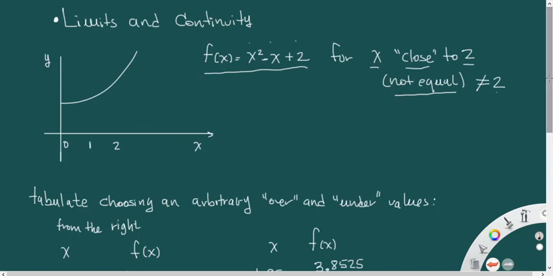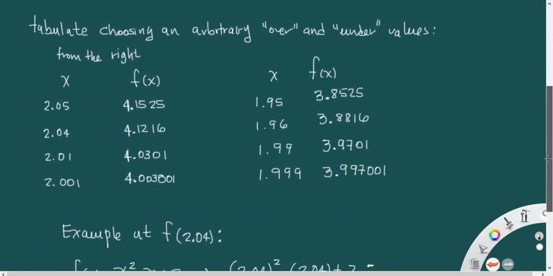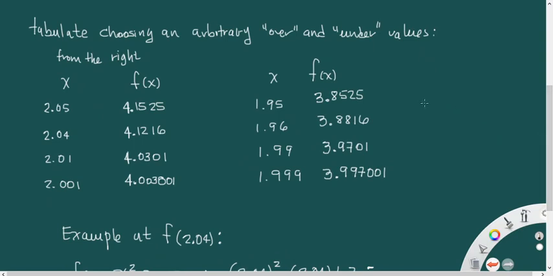One of the strategies that some mathematicians used is to choose an arbitrary number over and under the desired value. In this case, our target value is approximating the number 2, but not equal to 2. So we are going to choose, let's say, 4 values.